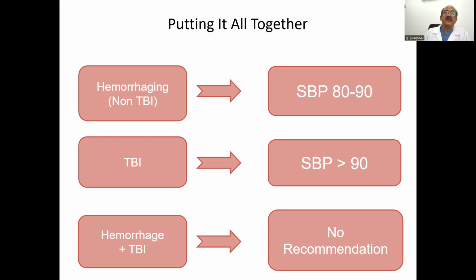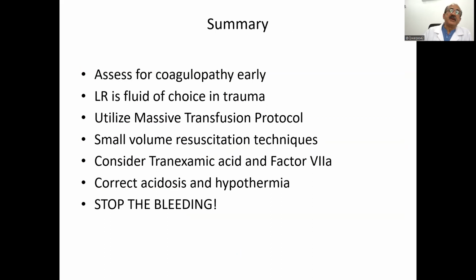Finally, putting it all together: for hemorrhage without traumatic brain injury, maintain systolic blood pressure between 80 and 90. With traumatic brain injury, we need systolic blood pressure more than 90 to maintain cerebral perfusion. If it is a combination of hemorrhage plus TBI, we still don't have any recommendations.